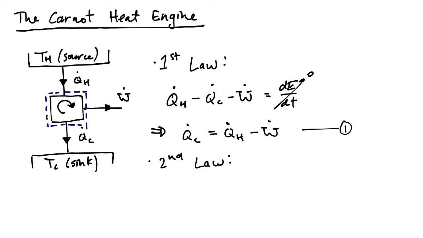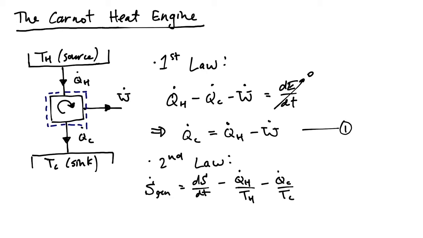Next we move on to the second law, which in this case will be the entropy that's generated within the control volume, and that will be equal to the rate of change of entropy inside the control volume minus the entropy transfer associated with heat transfer, so that's going to be Q dot H divided by TH minus Q dot C over TC.